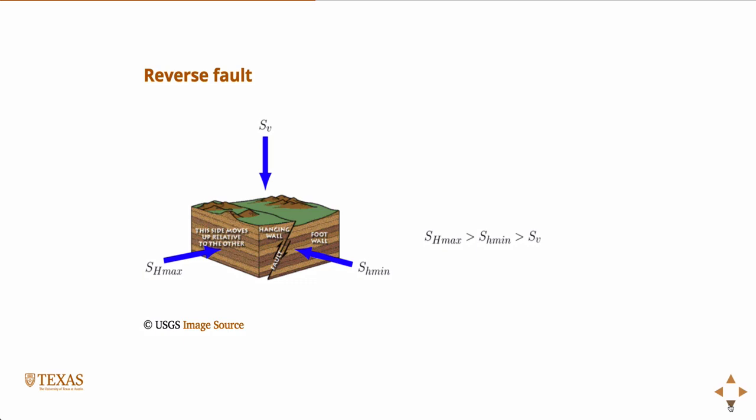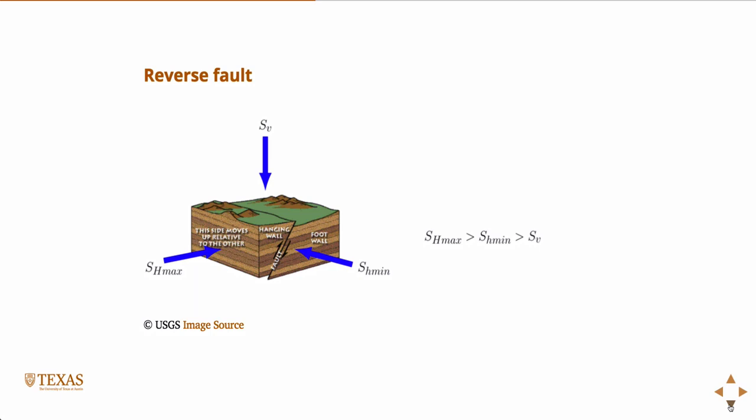Because the other two forces must be greater than that to overcome the force pushing on it, the vertical stress, the force of gravity. So in the reverse faulting regime, the vertical stress is the smallest, and then you just order the other two, right?